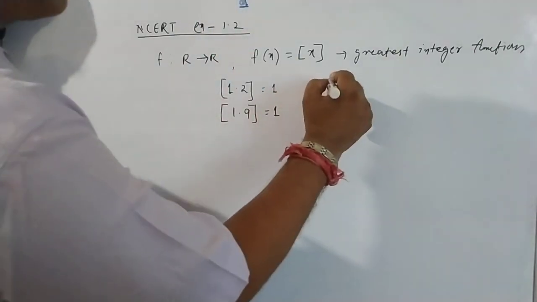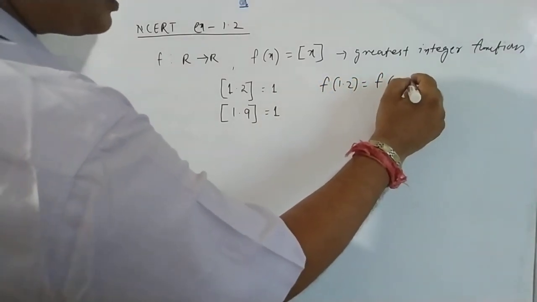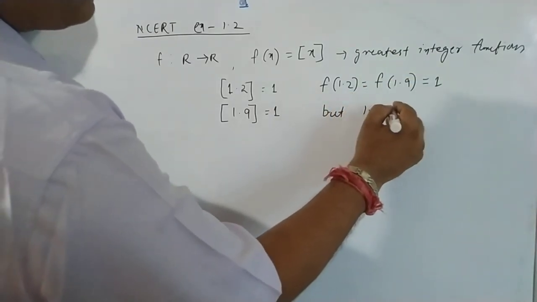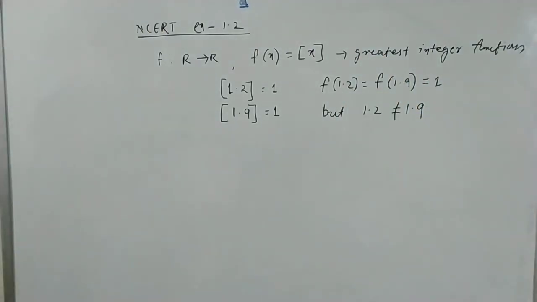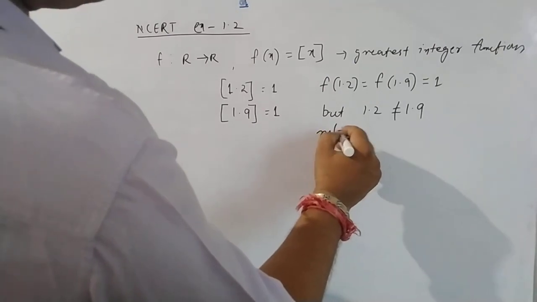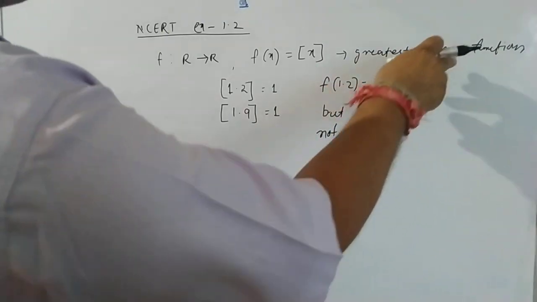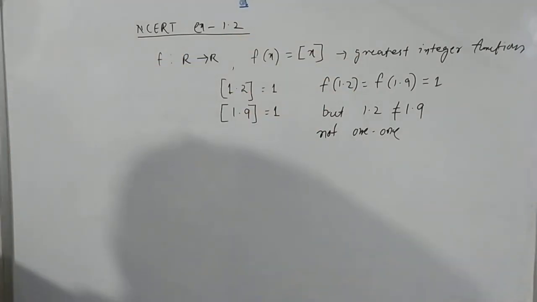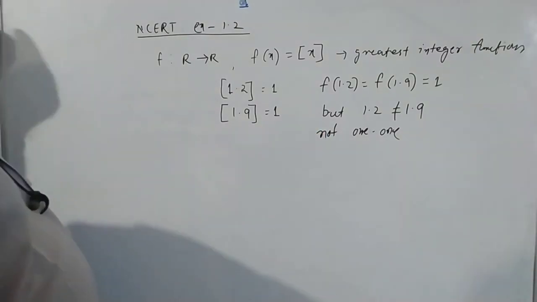So f of 1.2 is equal to f of 1.9 is equal to 1, but 1.2 is not equal to 1.9. Hence it is not 1 1, because two elements have one image, it's many 1. So this is not injective.